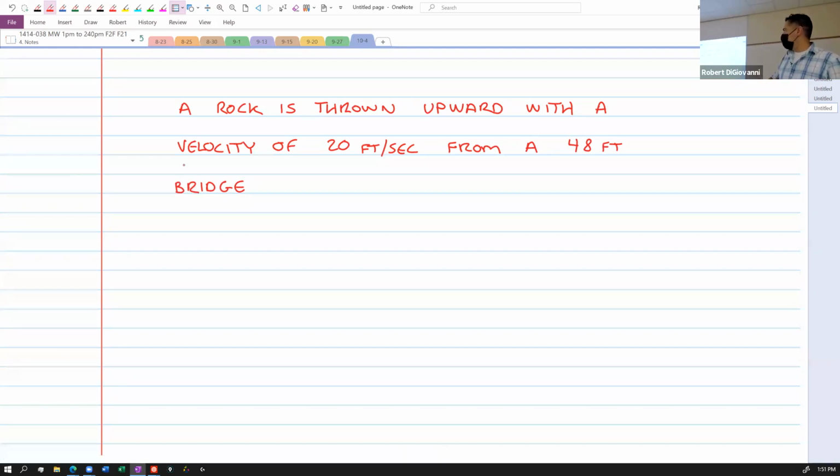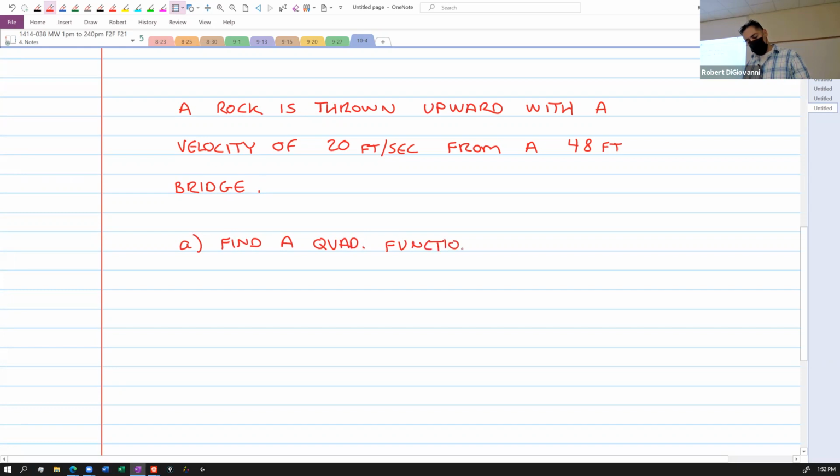A rock is thrown upward with a velocity of 20 feet per second from a 48-foot bridge. All right. Here are the questions. First, part A, find a quadratic function which gives the height of the rock as a function of time.